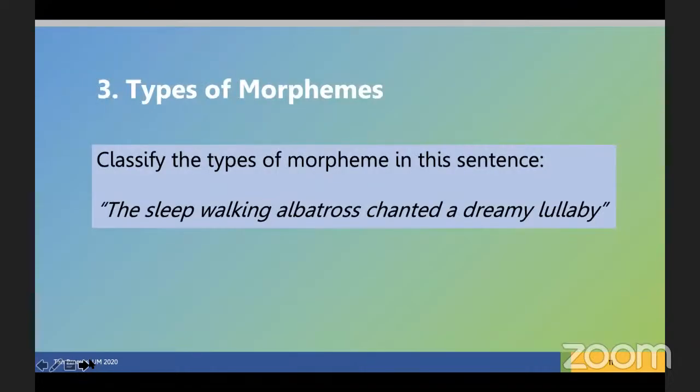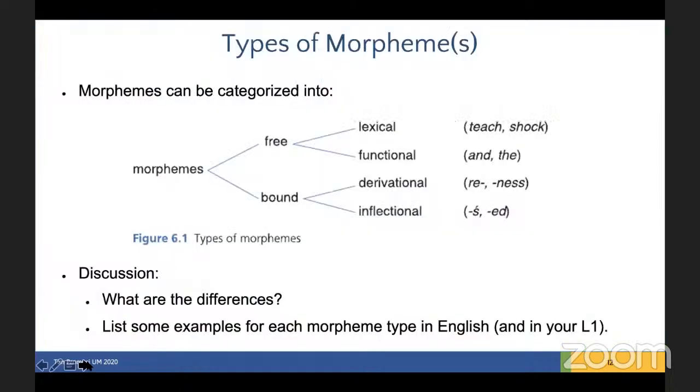Oke, morfem juga punya beberapa tipe. So there are several types of morphemes. Classify the types of morpheme in this sentence. Okay, we will have to classify them. Nah, morphemes ini bisa dikategorikan menjadi free and bound. Kemudian free morpheme bisa dikategorikan menjadi lexical and functional.